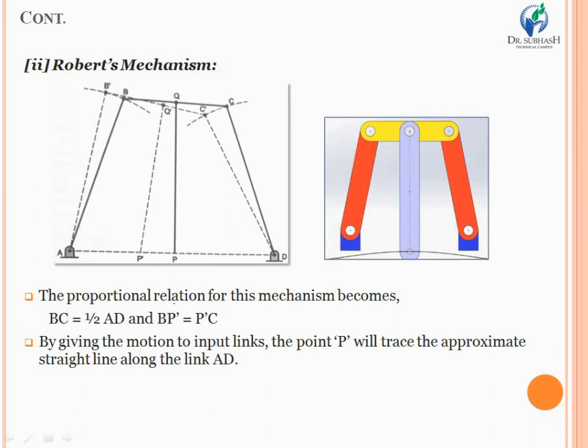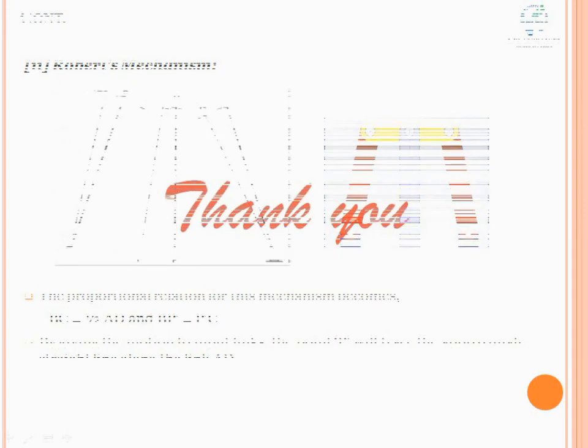Now AB or link CD may be given the input motion. In that way the point P of the rigid rod QP will trace an approximate straight line that we require. So over here also we are getting the straight line by using the Roberts mechanism.